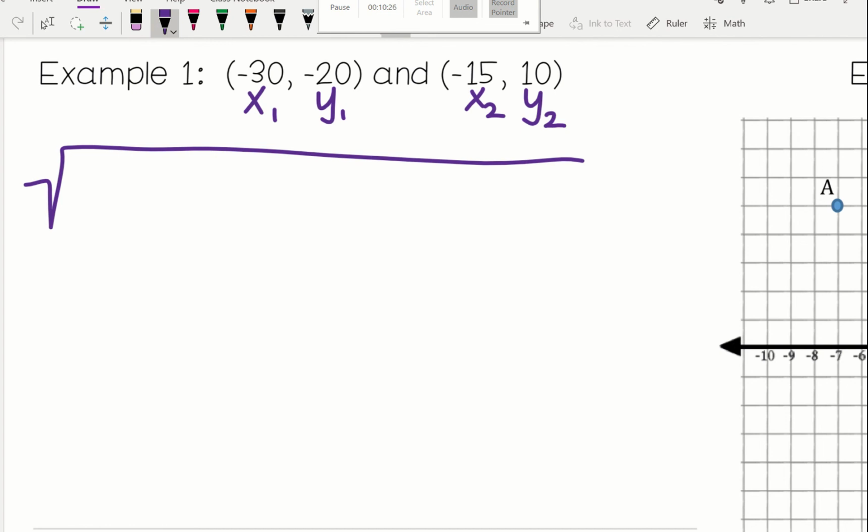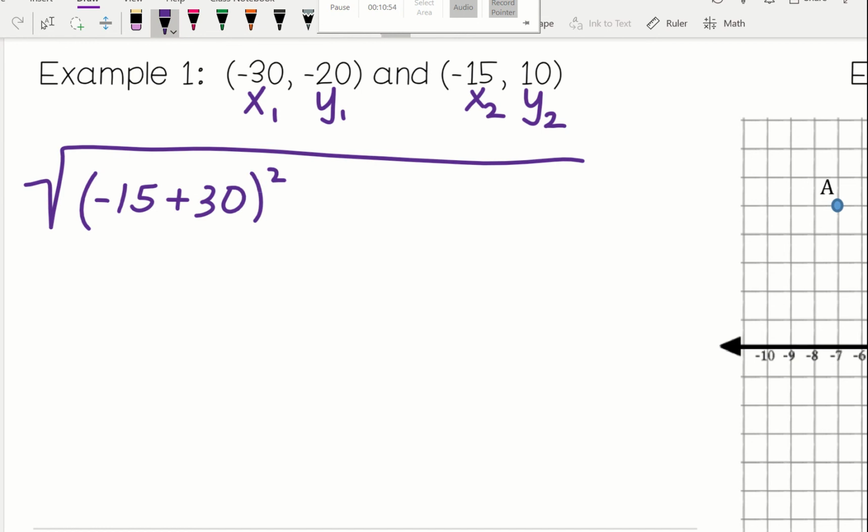Okay? So my formula says what comes first? X2. So 10 minus, oh, sorry, negative 15 minus negative 30. So what can I write instead of minus negative 30? Plus 30. There shouldn't be a negative at all anymore.